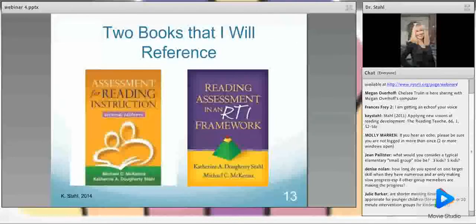If I'm talking about a framework and a diagnostic pathway, and how you figure out what children need diagnostically and how to determine which children need to be in which tier, that process information is all found in the second book, Reading Assessment in an RTI Framework. And both of these books were co-authored with my wonderful colleague and mentor, Michael McKenna.